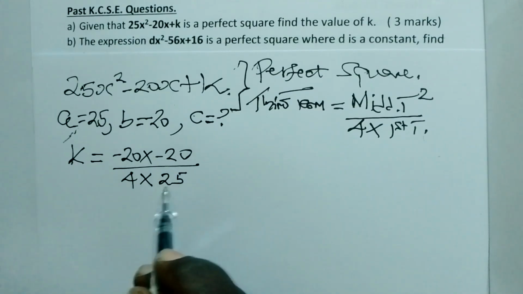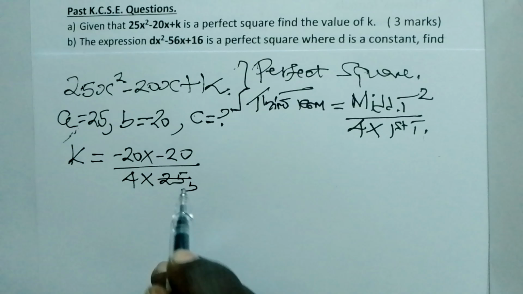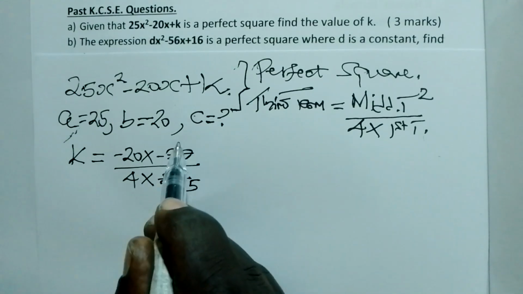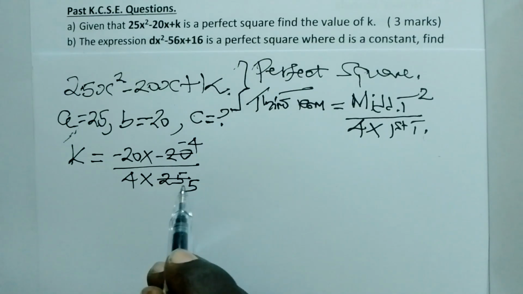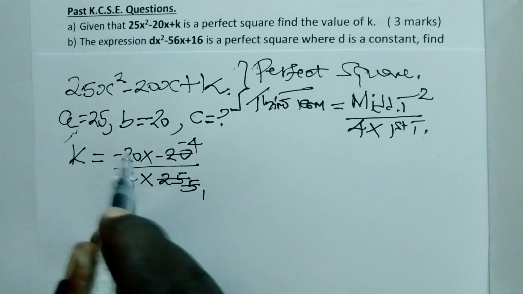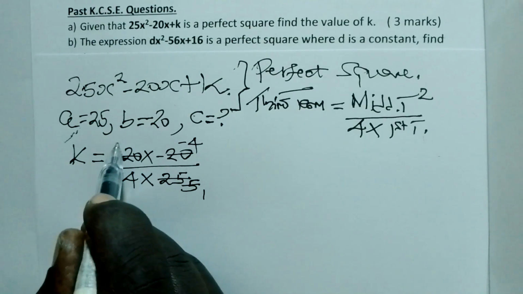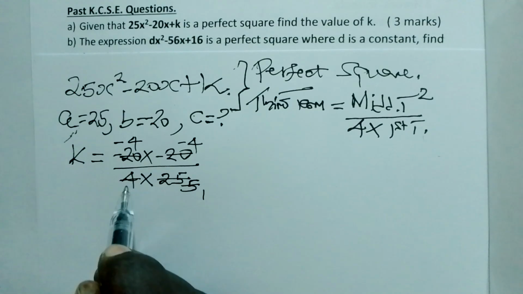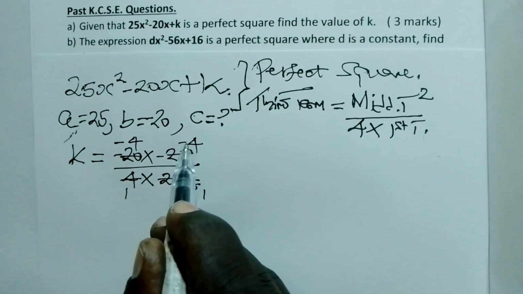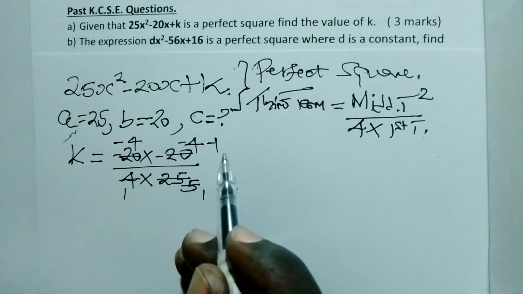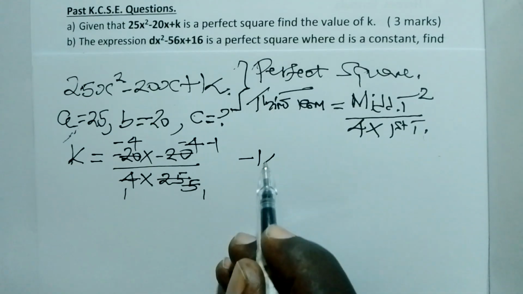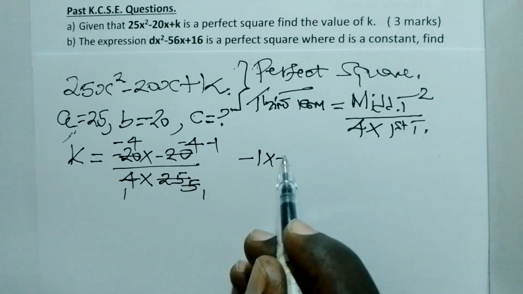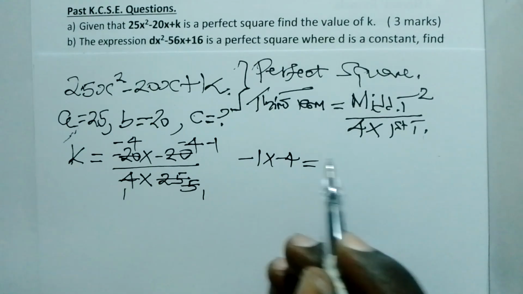You cancel out common factors. By 5 you'll get 5. By 5 you'll get negative 4. By 5 you'll get 1. By 4 you get 1. By 4 you get negative 1. So you'll get negative 1 multiplied by negative 4, which is equal to 4.